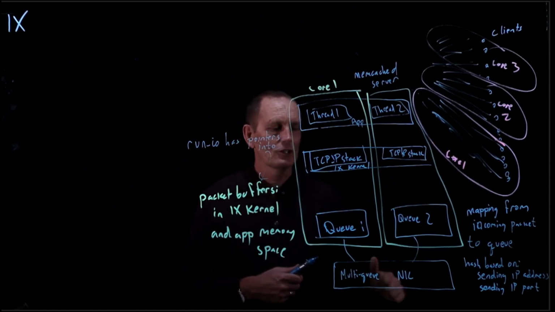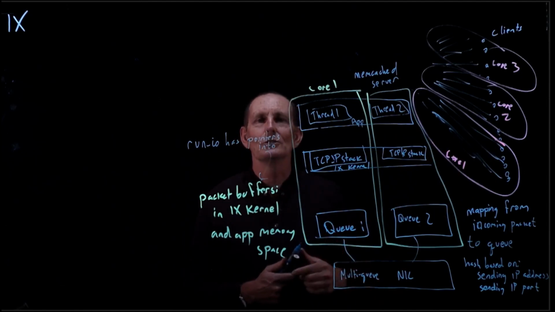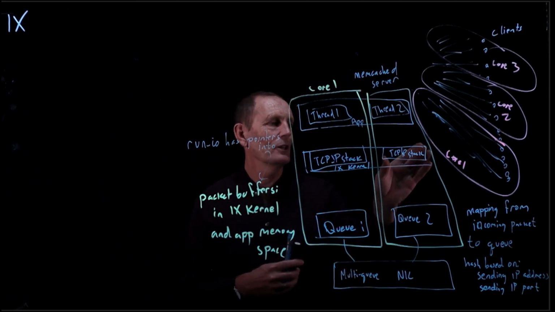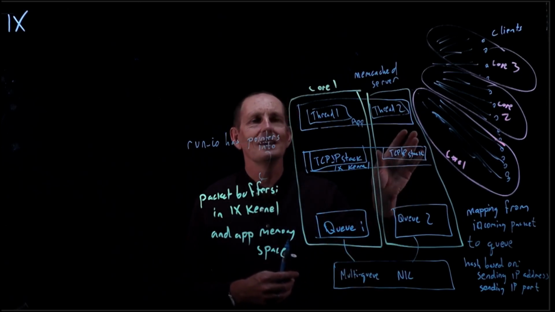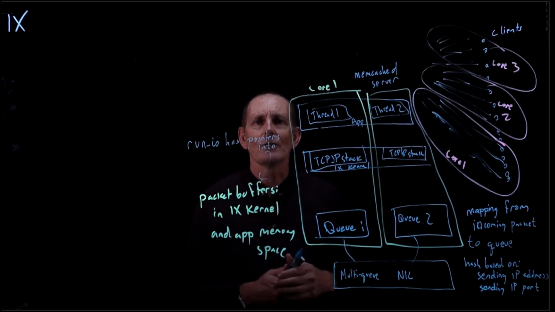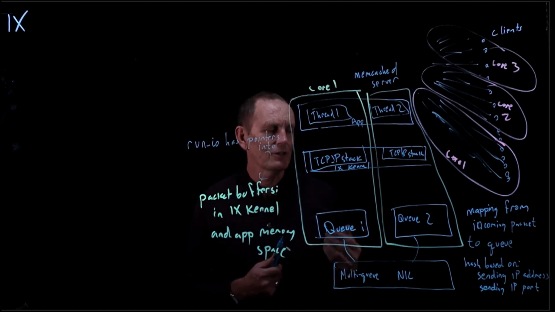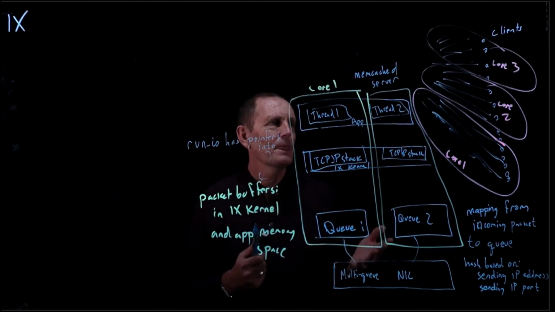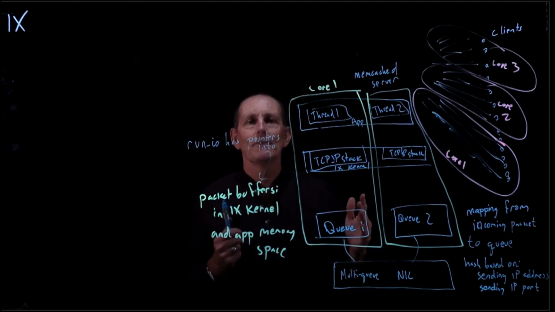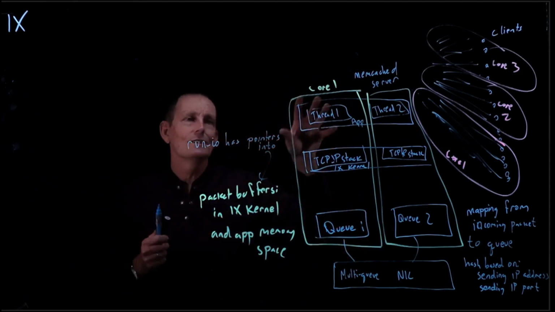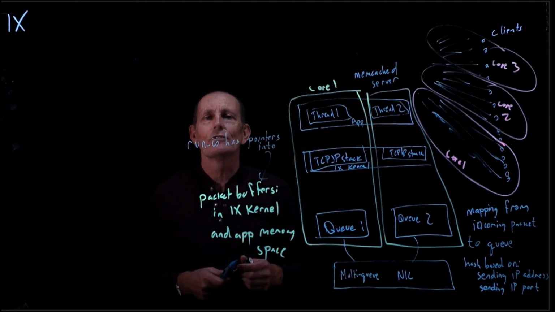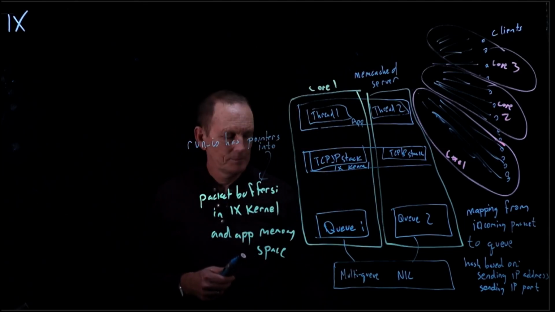You can imagine new connections could go from one queue to another, but it'd be hard to take a flow as it was going because you'd have to copy all of the TCP/IP connection information over. Is there any way you could steal work? It's unclear. The whole point of the way this is designed is that they're completely independent, so it's very hard if you suddenly start to make them dependent on one another.